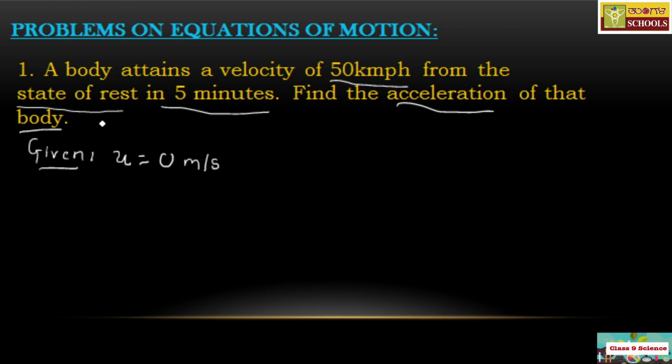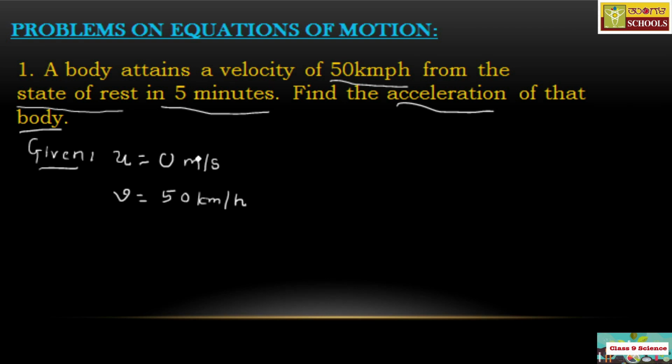It started its motion from rest, and hence the initial velocity is taken as 0 meter per second. And the final velocity of the body v is equal to 50 kilometer per hour.